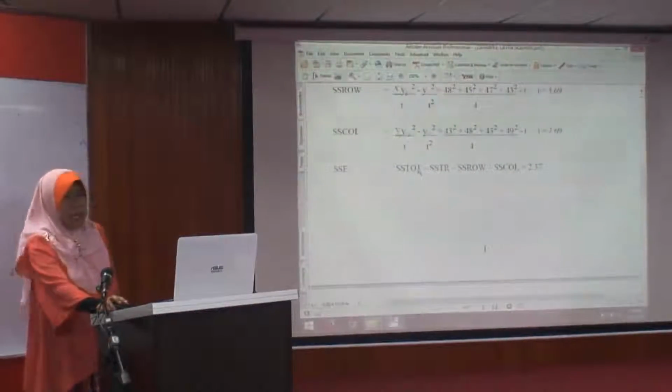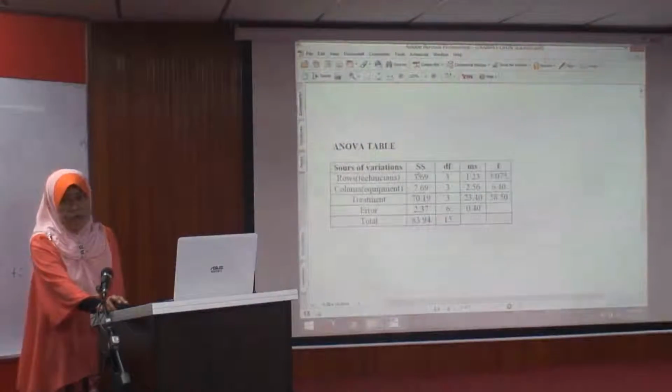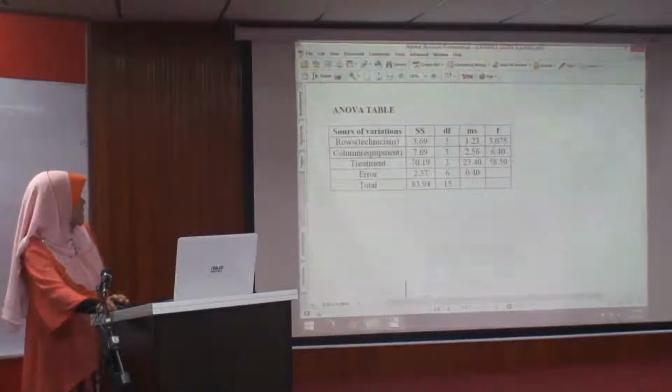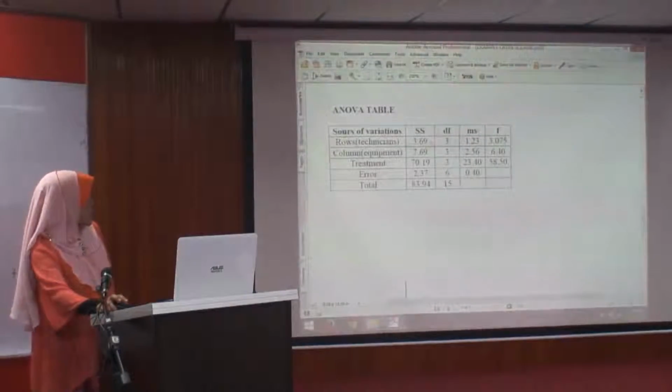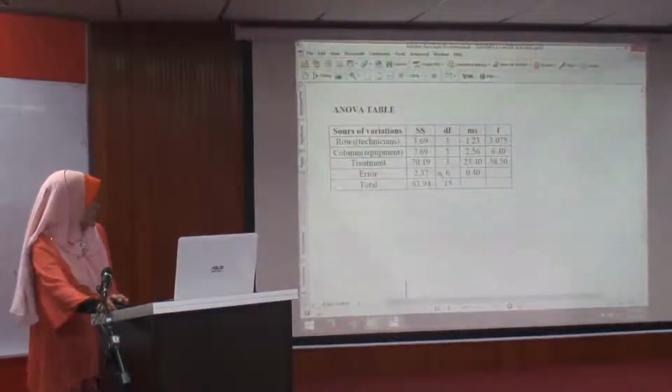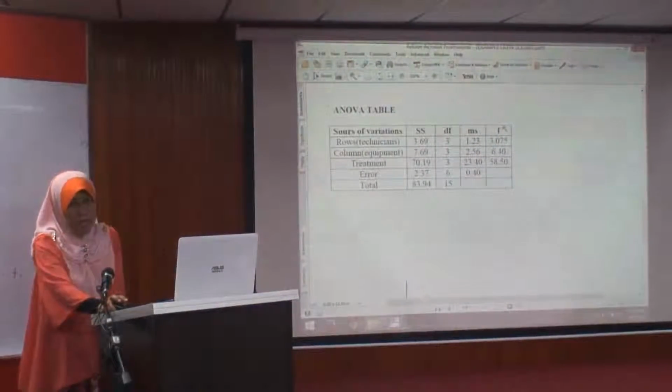Then I summarize the result in the analysis of variance table, where the degrees of freedom are t minus 1, which is 3, 3, 3, and for errors t minus 1 times t minus 2, we get 6. And this is the mean square, and this is the F statistic value.